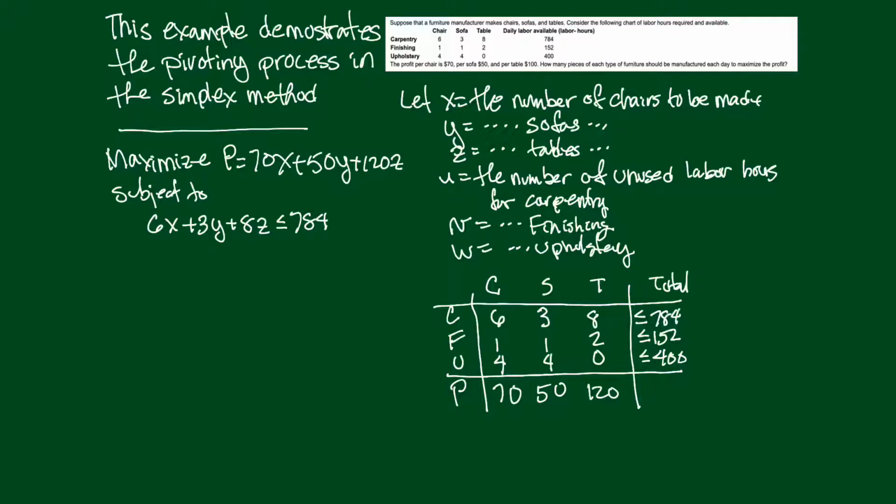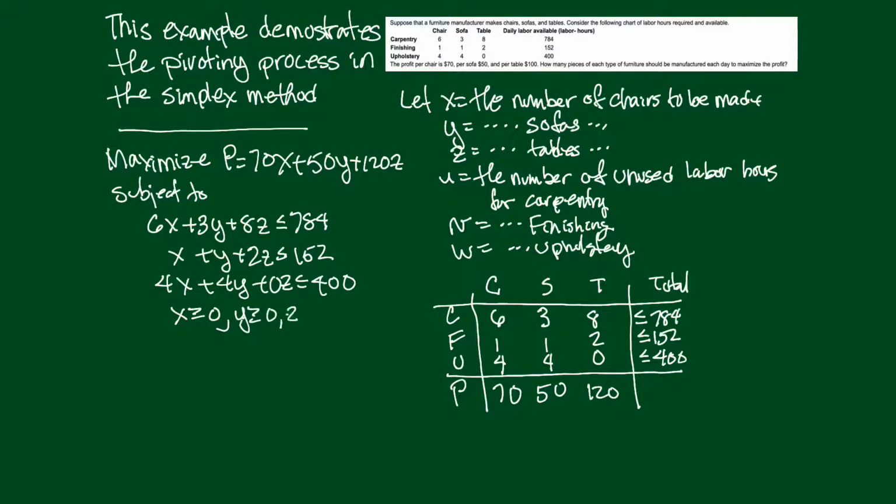And then the second row is x plus y plus 2z, that's going to be less than or equal to 152. And the third row, 4x plus 4y plus 0z, that's going to be less than or equal to 400. And of course, our non-negativity constraints: x has to be greater than or equal to 0, y has to be greater than or equal to 0, as does z. So there's our linear program right here.